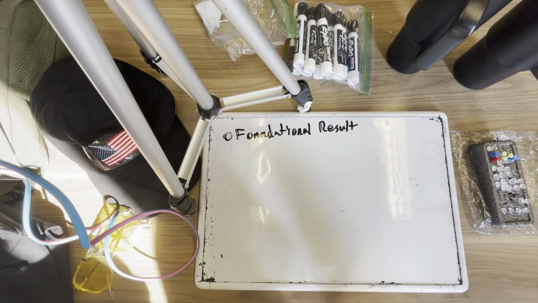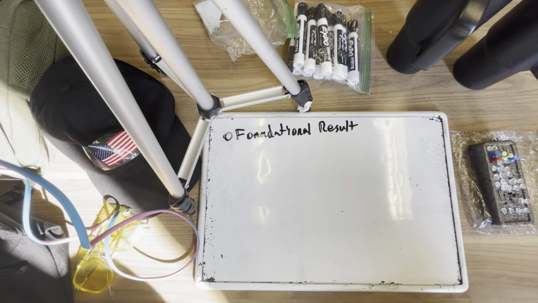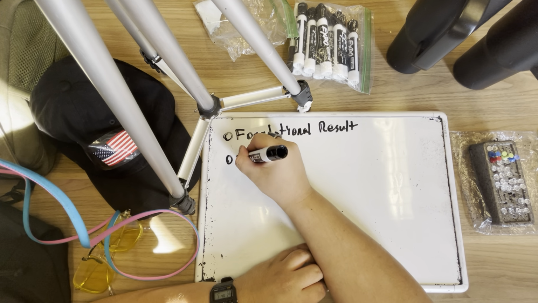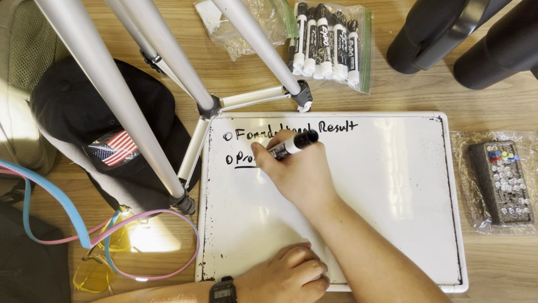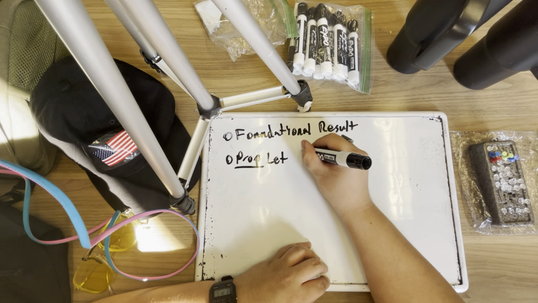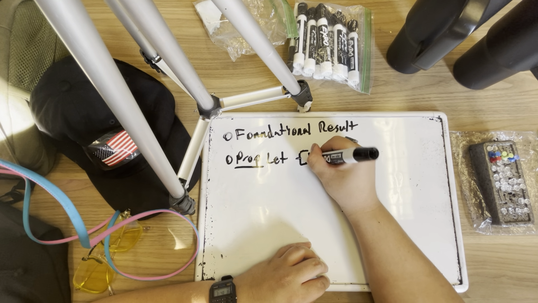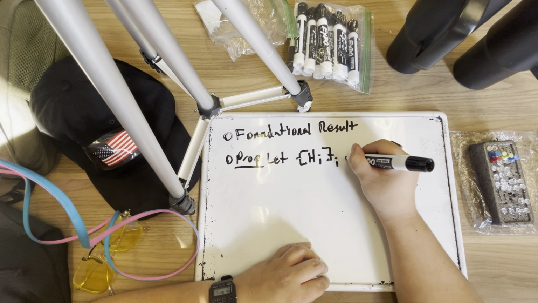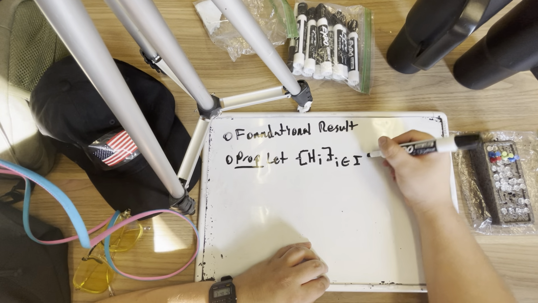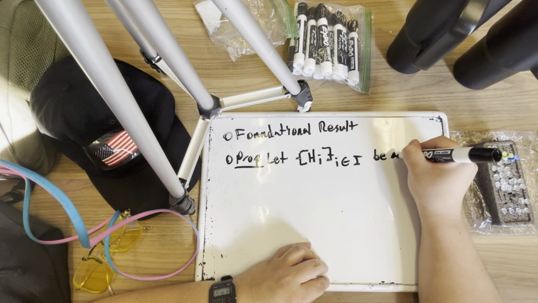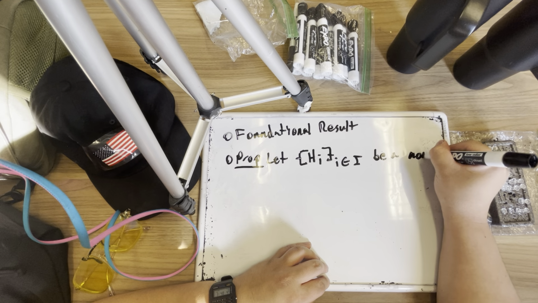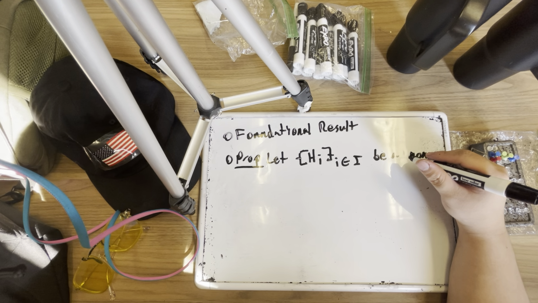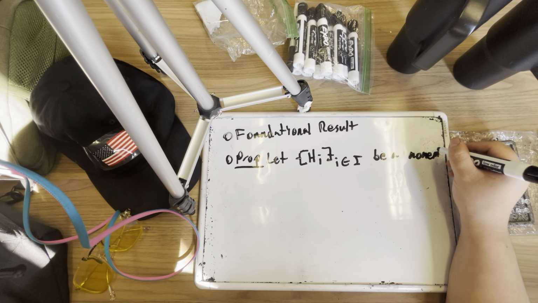So, okay, let's start with this proposition here. Well, propositions and definitions. We'll start with this proposition. So first off, let the set containing h sub i, with i in big I, be a non-empty collection.